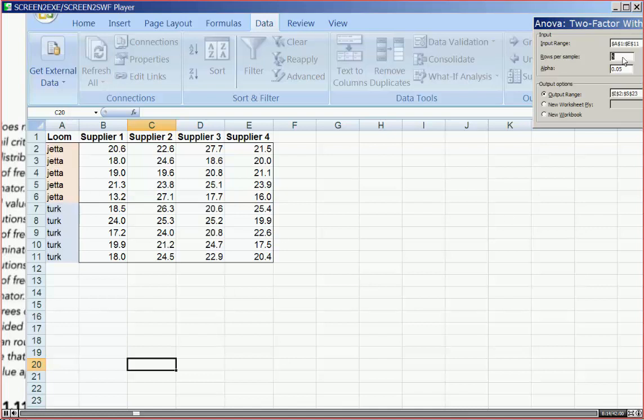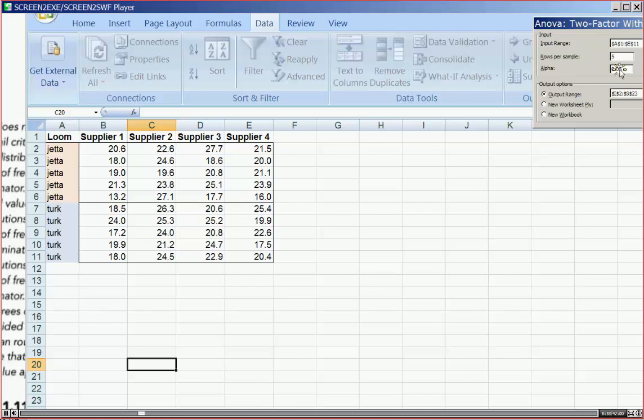And it also tells Excel that the next 5 values belong to the next level of the brand factor. So it knows to stop here for the Jetta brand and start here for the chart brand. And they're labeled appropriately.